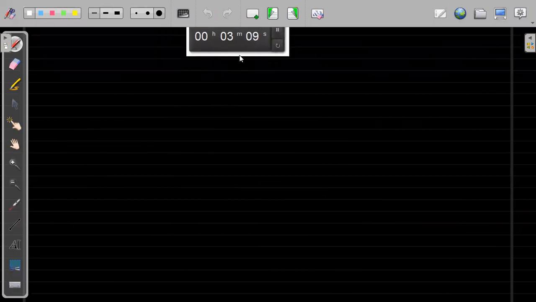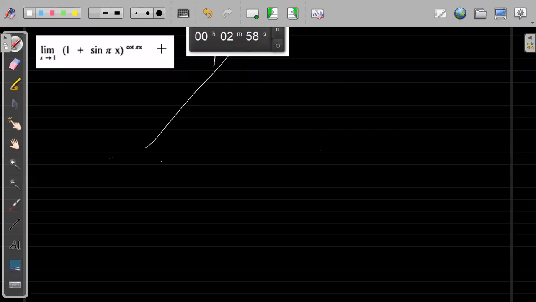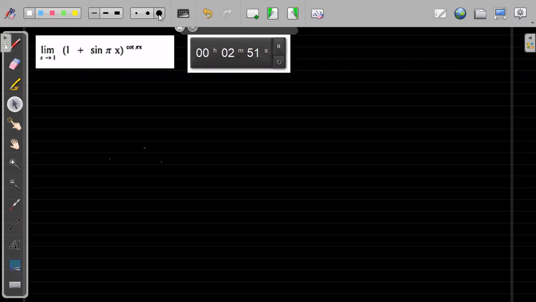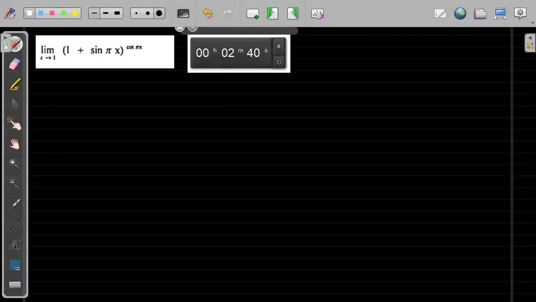Solve this. E to the power minus 1. Okay.